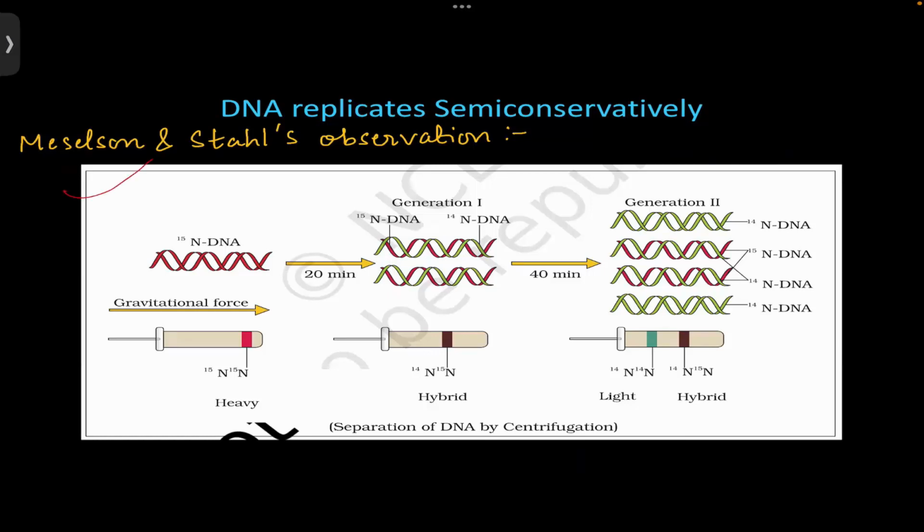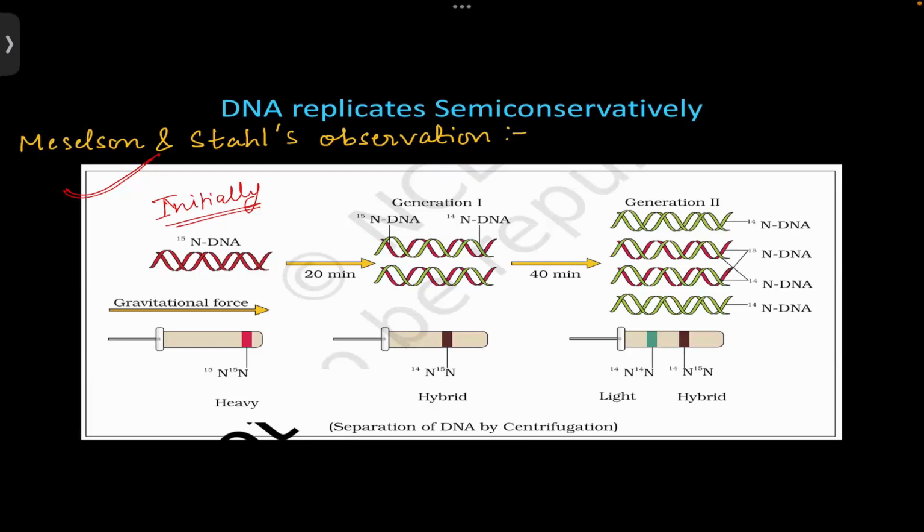This image shows what they observed at the end, after the centrifugation. Initially, when E. coli was grown in the medium containing the N15 isotope, all the DNA molecules of the E. coli contained only N15 isotope.